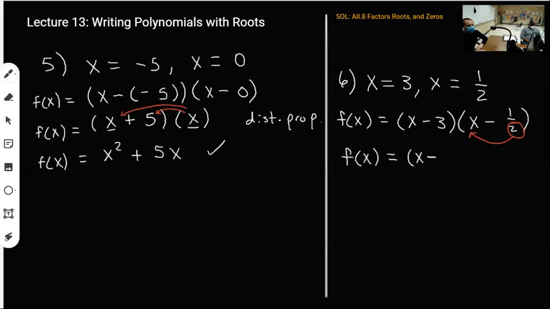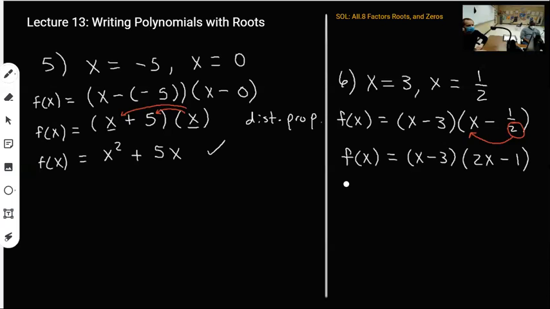So essentially what you get is x minus 3 times 2x minus 1. So all I did was I kept the first factor the same. You can't really do anything with x minus 3, right? But I'm taking the second factor and I'm sliding the bottom of the fraction out in front of the x. So now I have 2x minus 1. And the top of my fraction, called the numerator, stays the same.